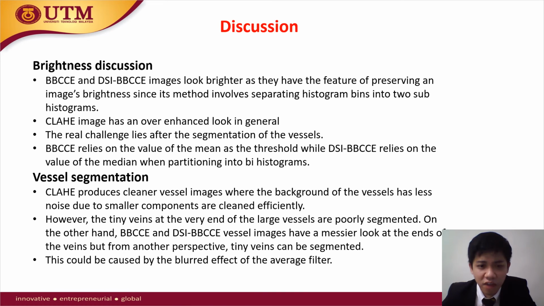However, the tiny veins at the very end of the large vessels are poorly segmented. On the other hand, BBCCE and DSI-BBCCE vessel images have a messier look at the ends of the veins, but from another perspective, tiny veins can be segmented. I believe this could be caused by the blur effect of the average filter.